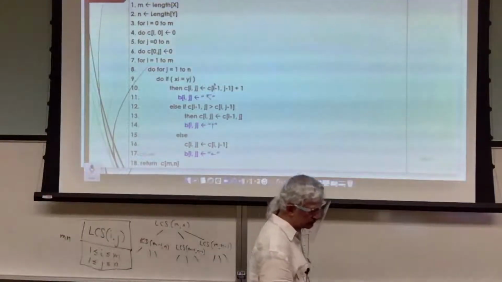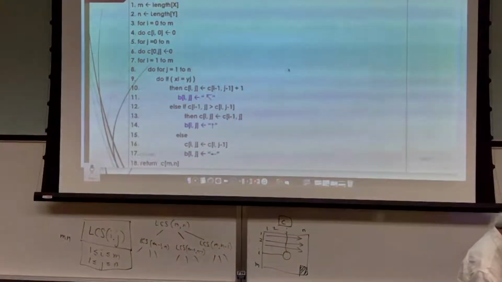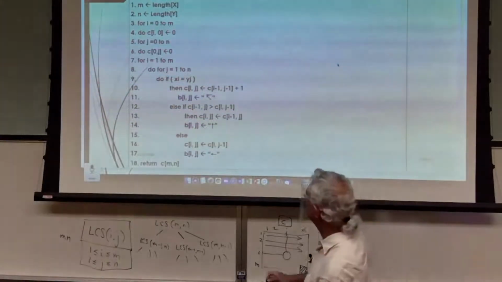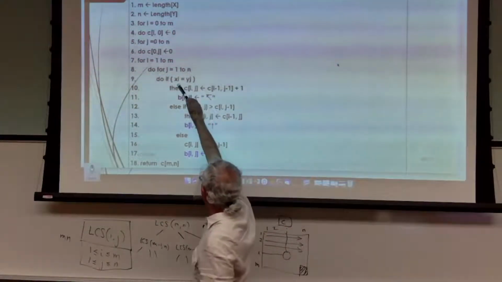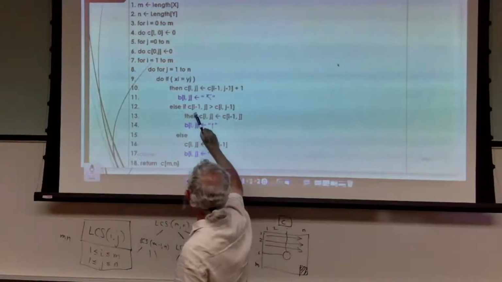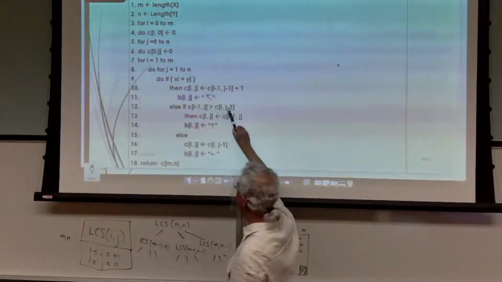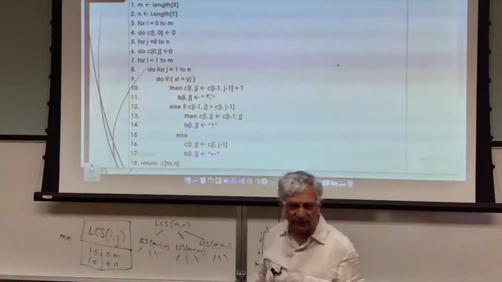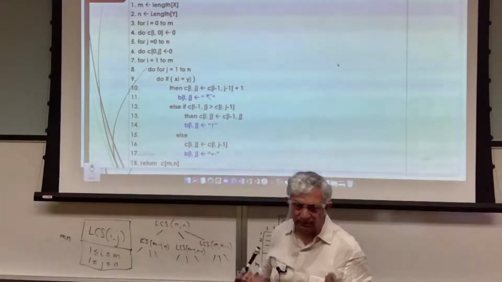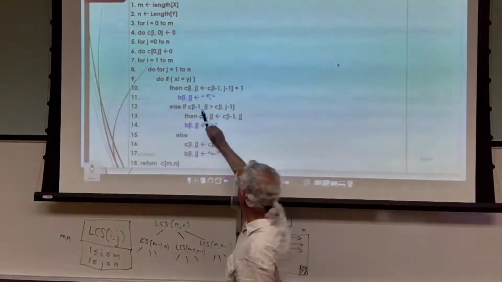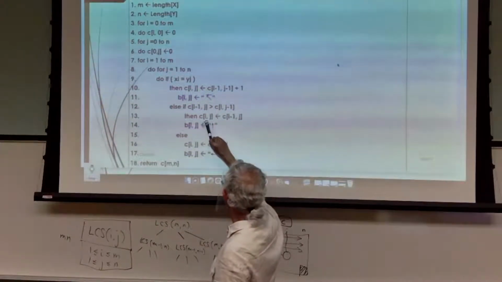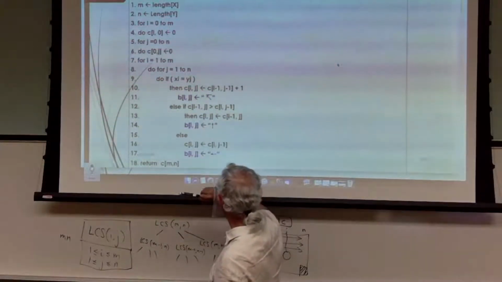Otherwise, if these two characters are not equal, then it's going to be either C of i minus 1, j or C of i, j minus 1, and I'm going to take the larger of the two because I always need the better answer. So I check if this is greater. If it is greater, then I take C i j to be C i minus 1, j.